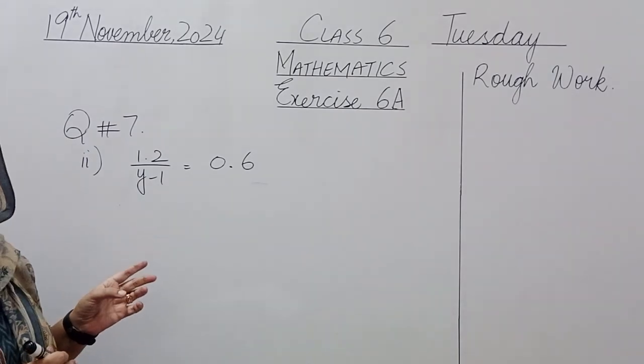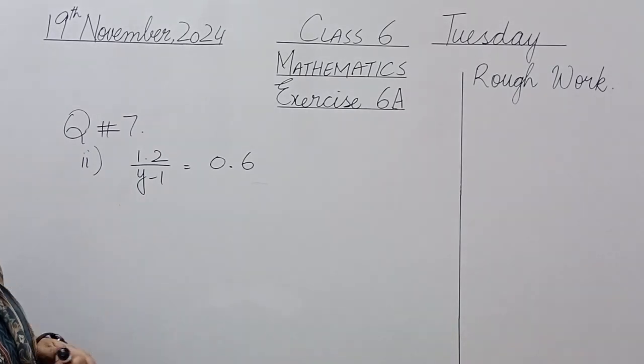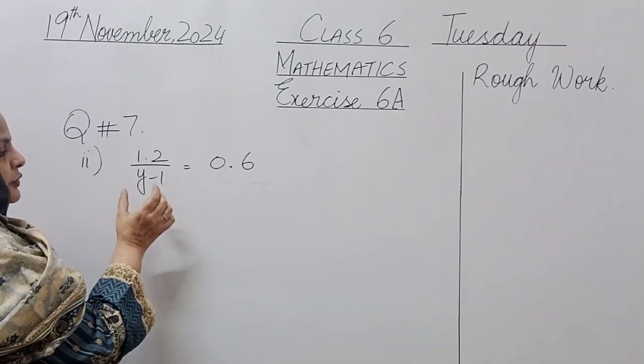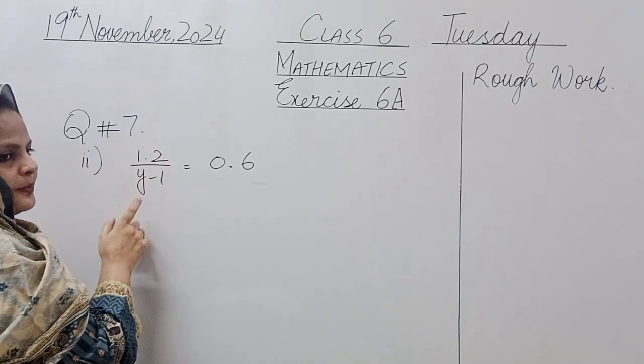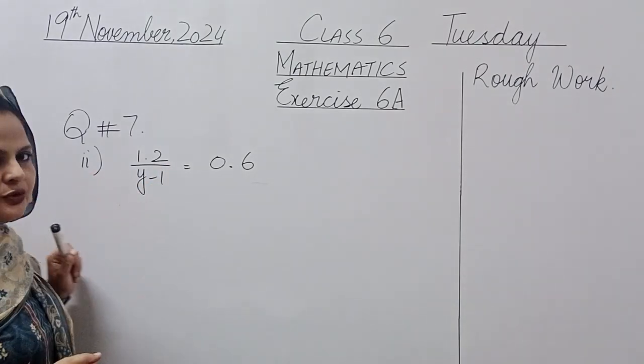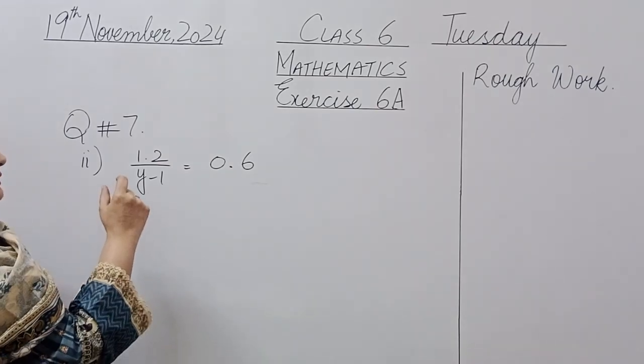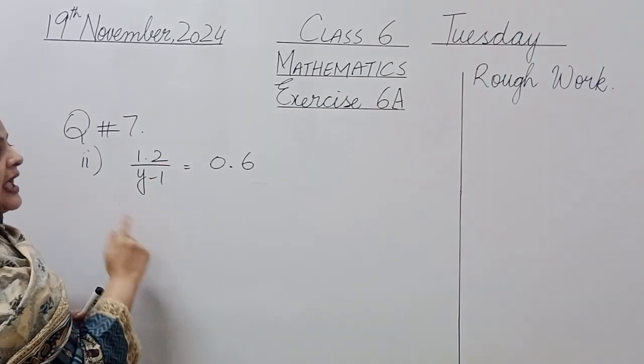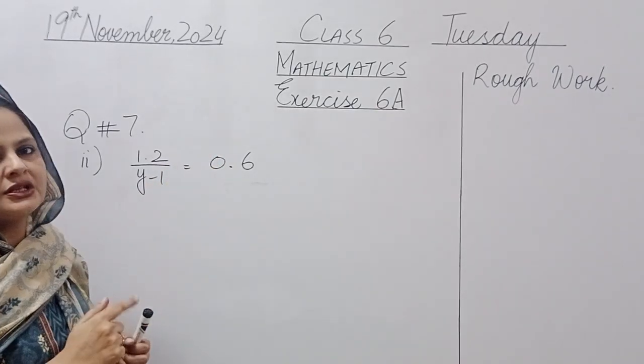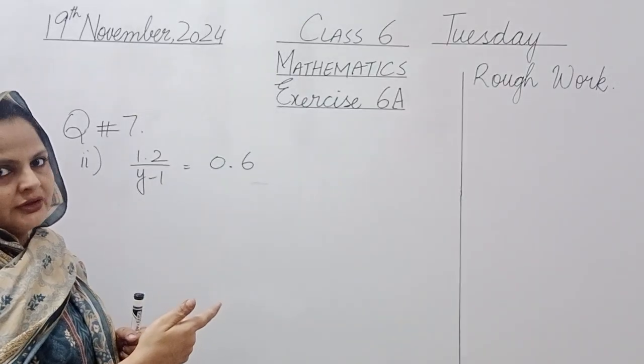But before that, we have to separate this thing. We have to break up this fraction as well. And I told you that the numbers act opposite when we shift them to the other side of the equation.